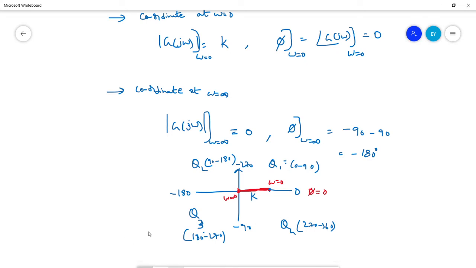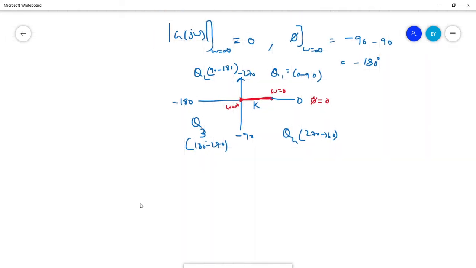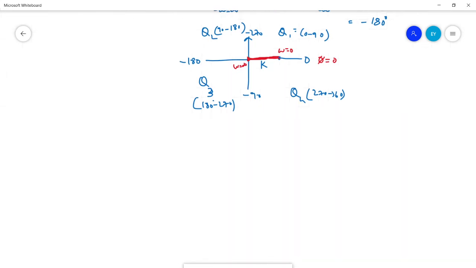The next step is to separate the real and imaginary parts.